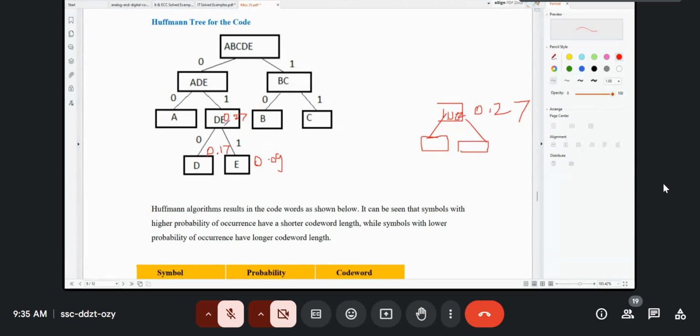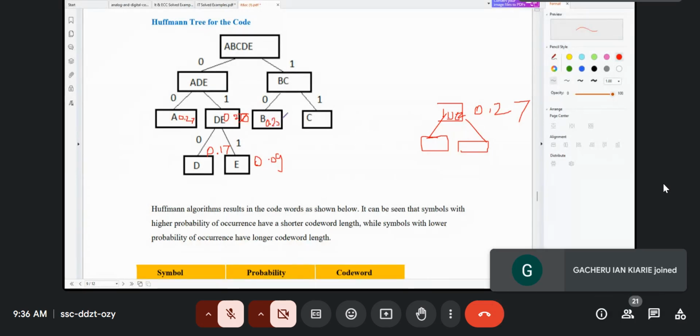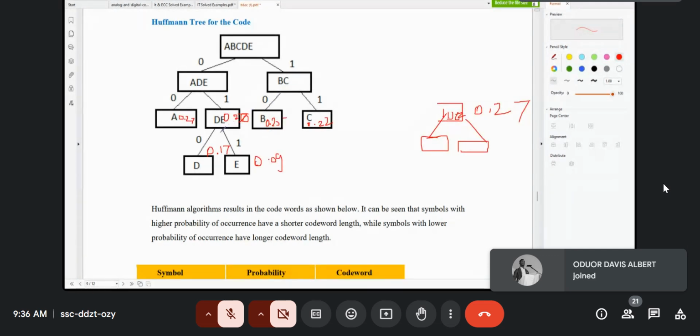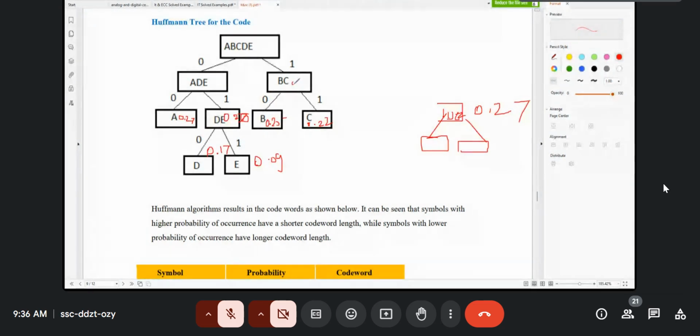This became 0.206, sorry, and this is 0.27, and this is 0.25, 0.22, and this is 0.47. Is it 47?